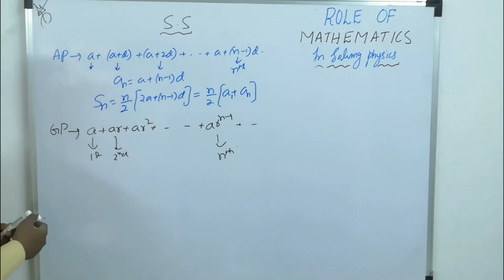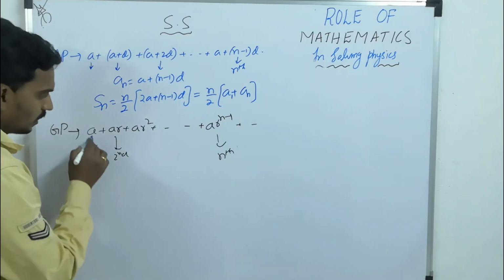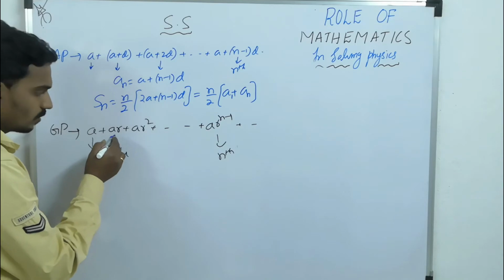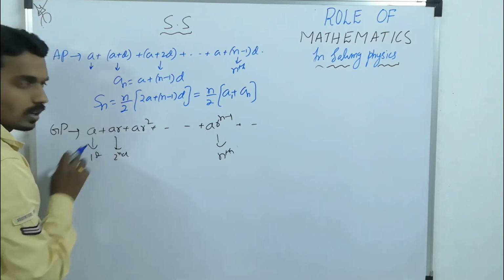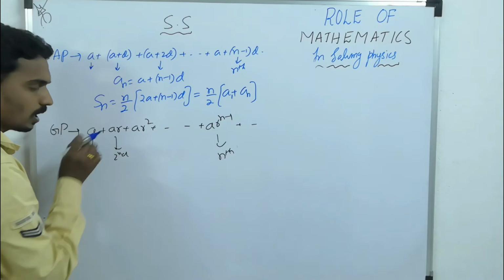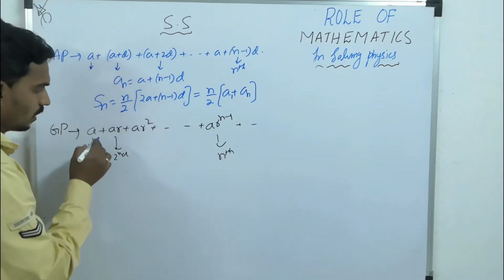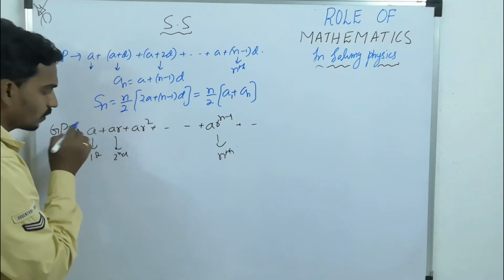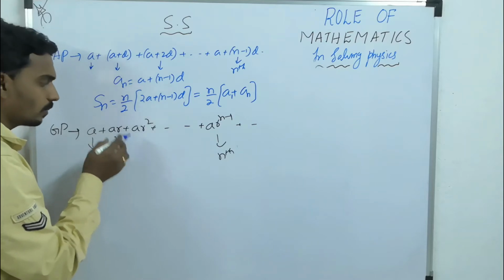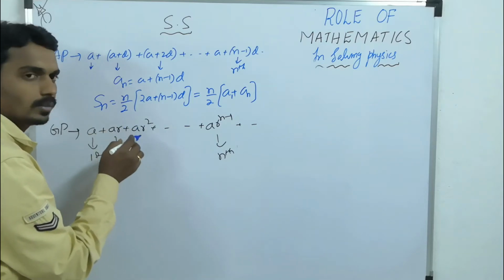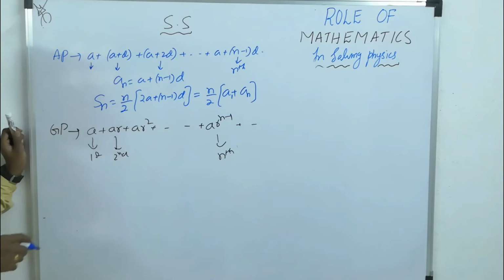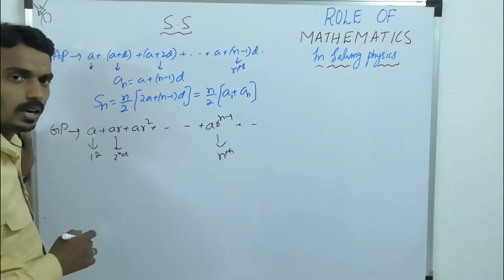Here there is a common multiplier r between successive numbers. If you multiply the first by r, you get the second. If you multiply the second by r, you get the third. So there is a common factor, r.